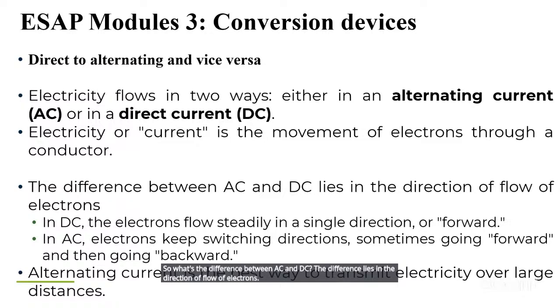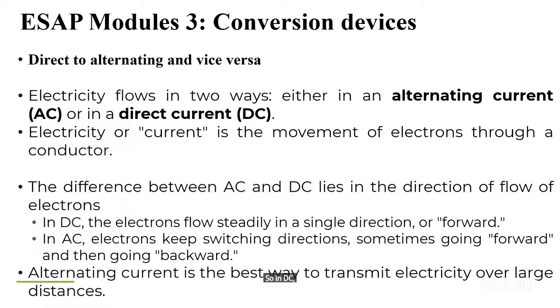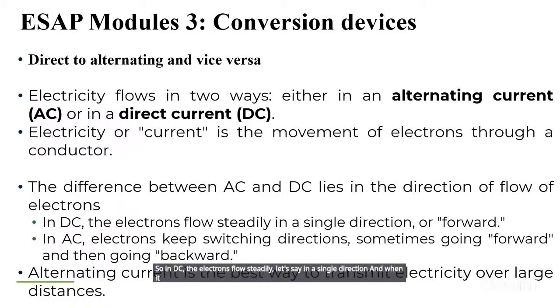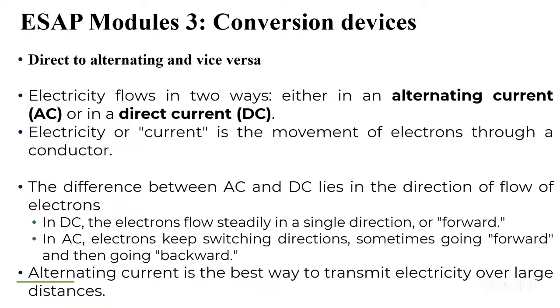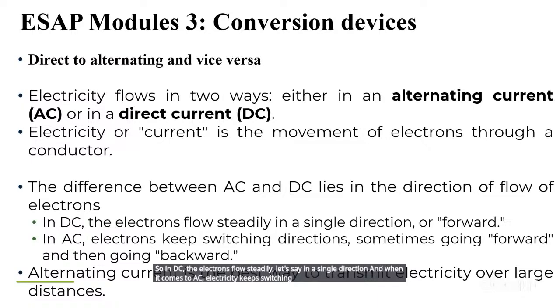In DC, the electrons flow steadily, let's say in a single direction. And when it comes to AC, electricity keeps switching in two directions.